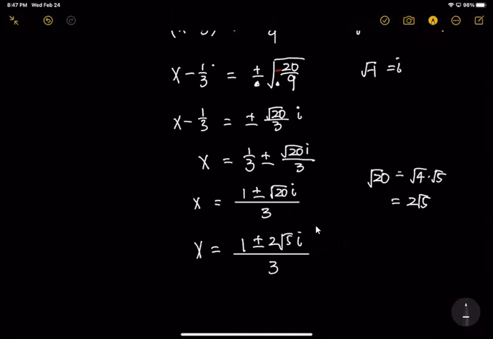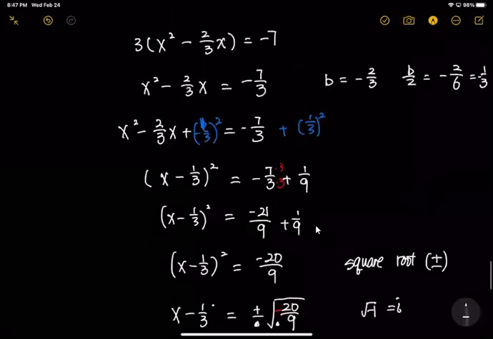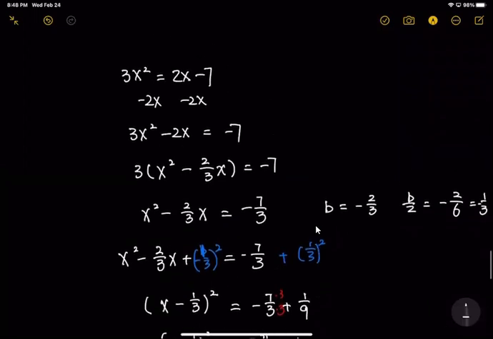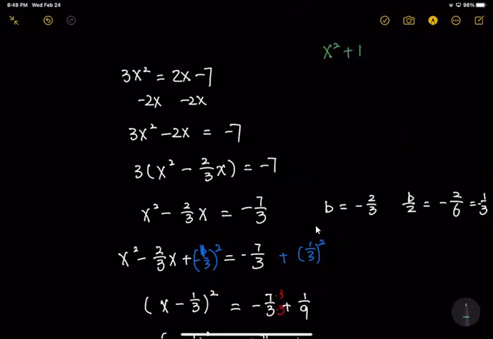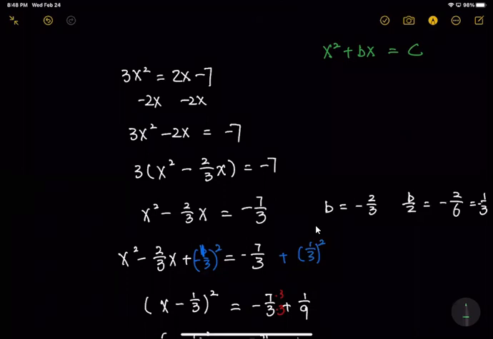Okay, so now let me recap this. First of all, we want the coefficient in a quadratic function. I'm going to use a green one. We want the x squared plus bx on one side, and c on the other side, or either side, it doesn't matter because we can move it around. Math is just a science of manipulating numbers. So you can just move the c around.